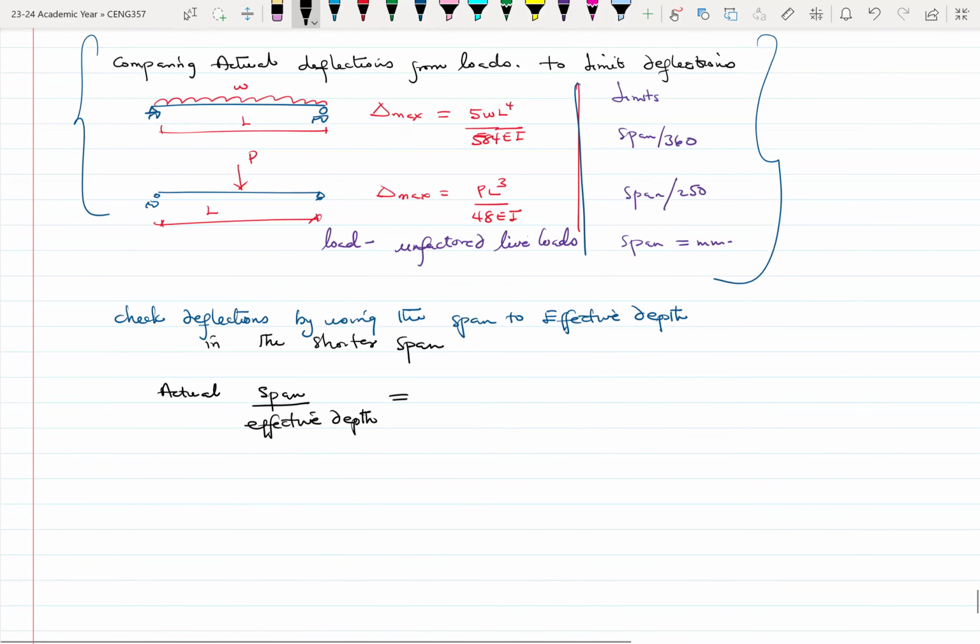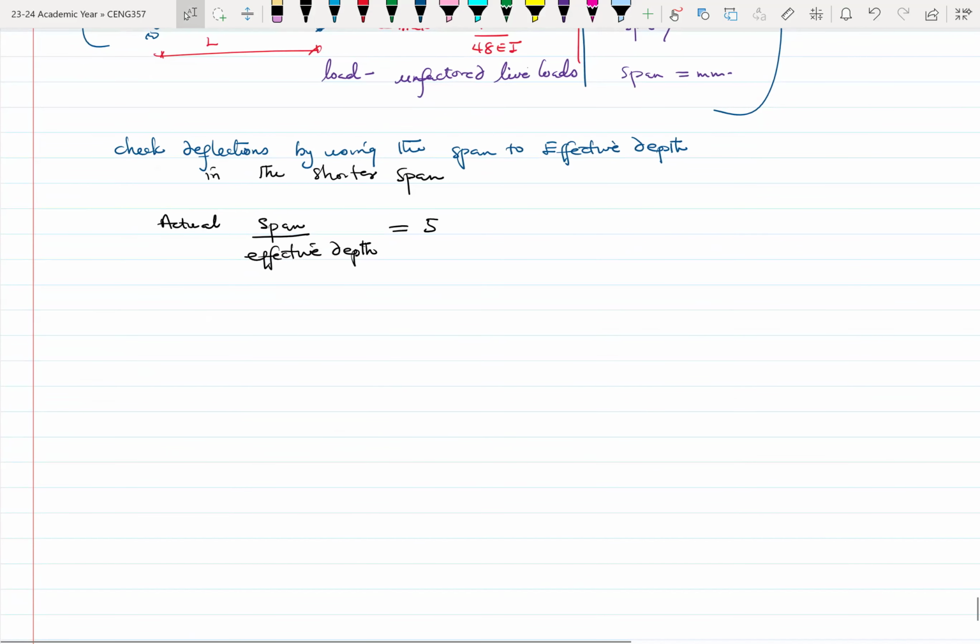So that's 5,000 divided by an effective depth of 150, which gives us 33.3. And we need to compare this to the limiting span to depth ratio.